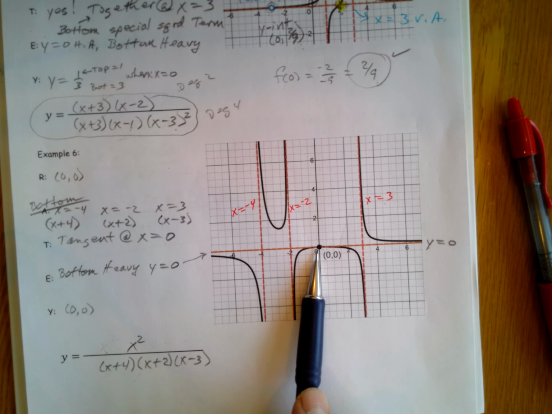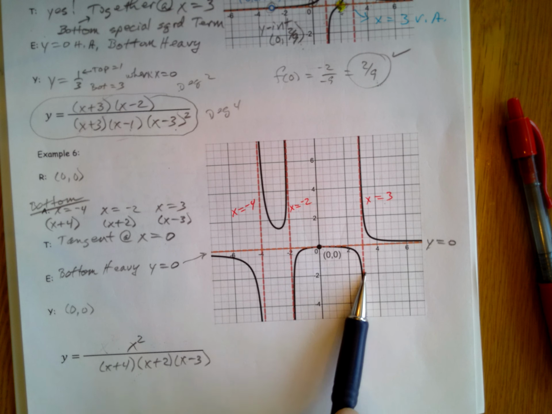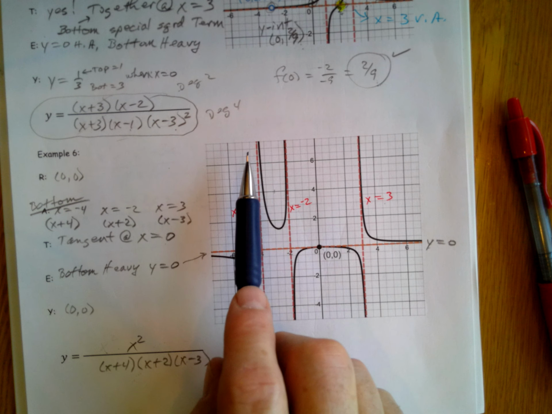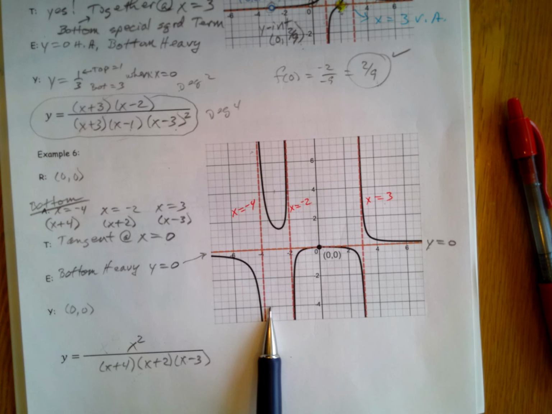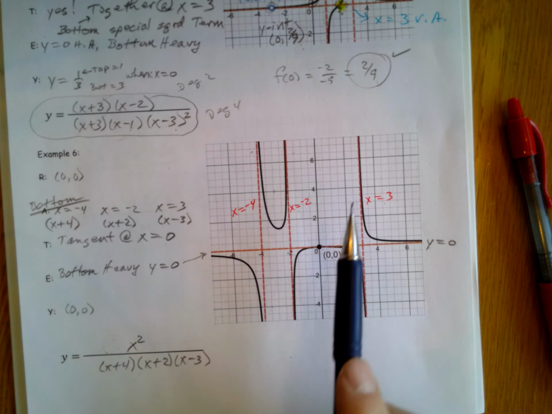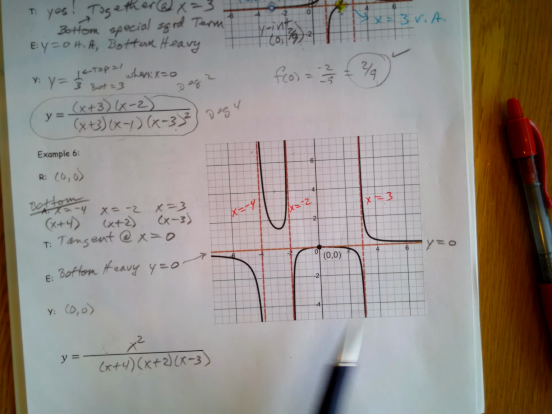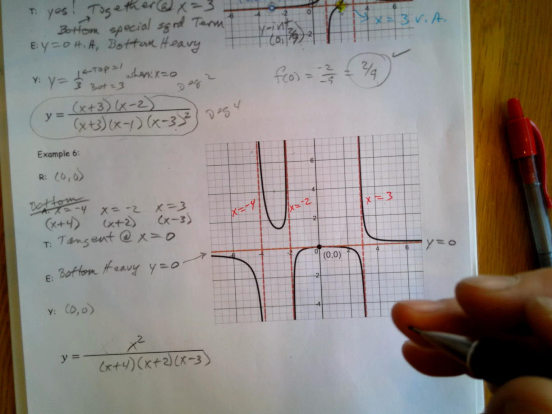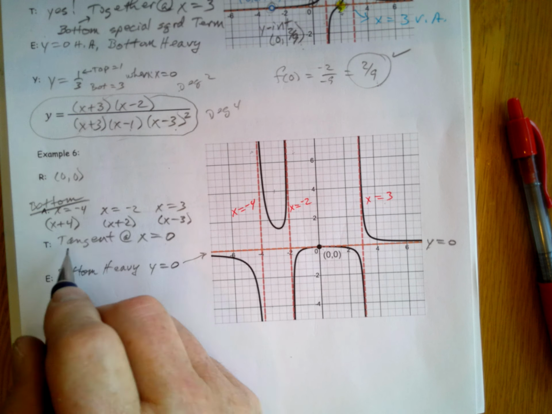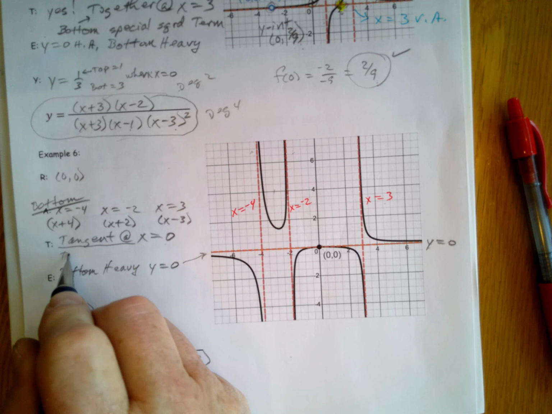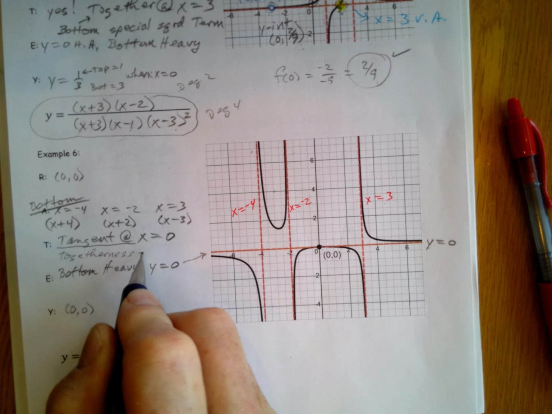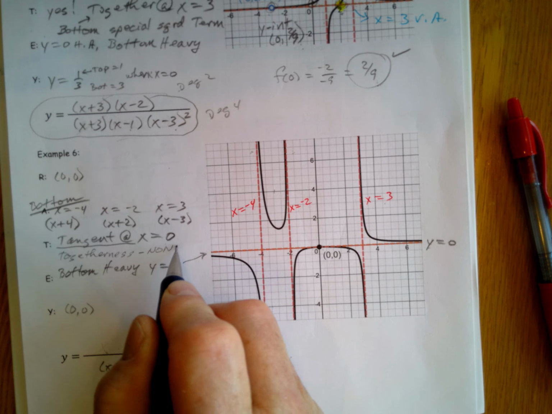If there was togetherness, there'd be a graph here, or here, etc. So tangent is the top, and togetherness is the bottom. So this would be togetherness down here. And guess what? There is none. So that means the top has a special squared term, and it's at x equals 0, so it's x squared. That's how I got x squared.